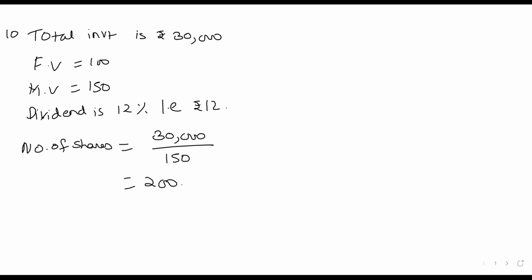The question is, 12% is the rate of dividend on ₹100, so it is 12 rupees. Number of shares bought by Rutvik, 200. And the next question is, his annual income from the shares. This is the first question. Second, his annual income is 200 into 12, that is 2,400.